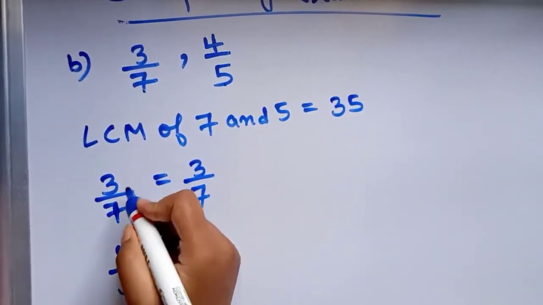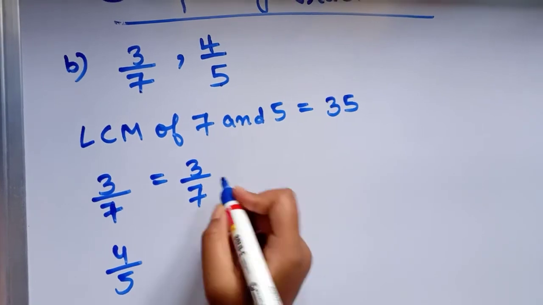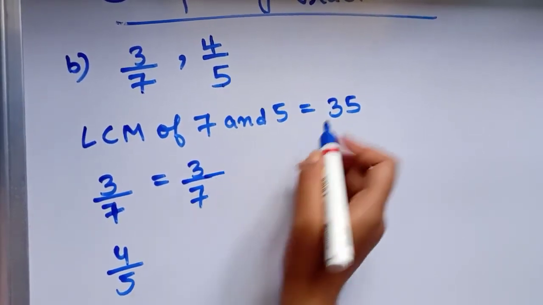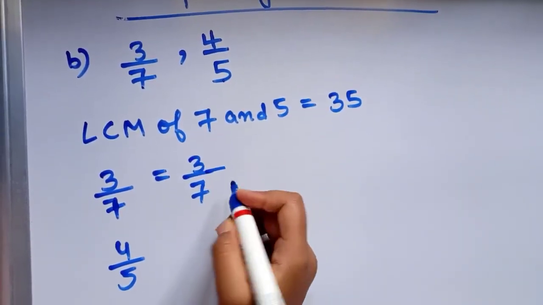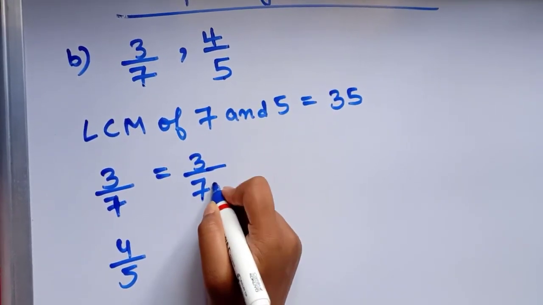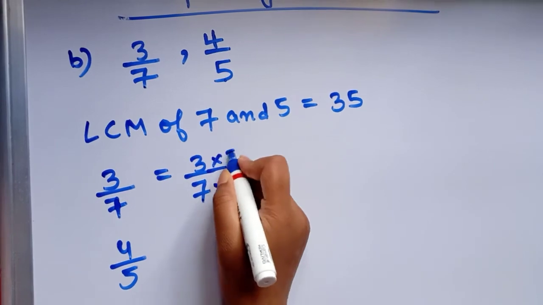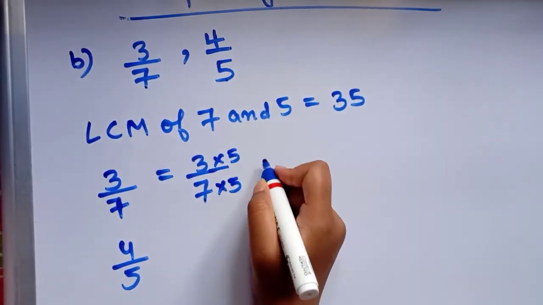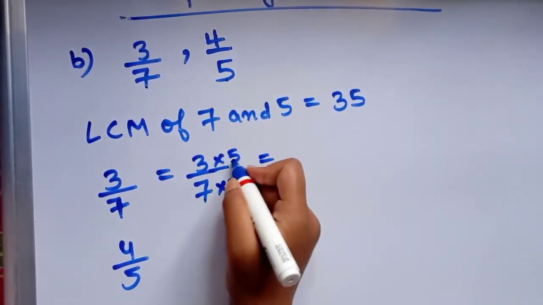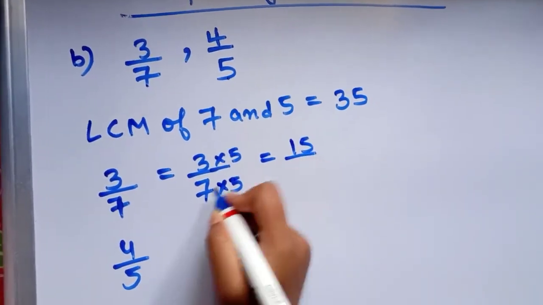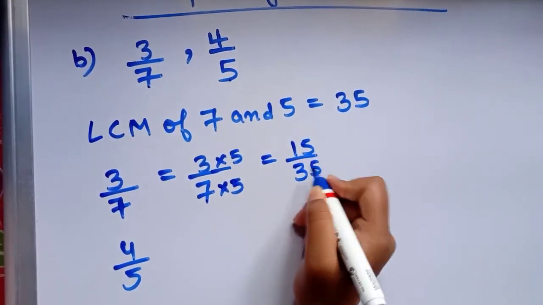If you want to convert this fraction into a like fraction, you need to get the LCM in the denominator. So how will you do it? 7 5s are 35, so you'll multiply the denominator and the numerator both by 5. So 3 5s are 15, and 7 5s are 35.